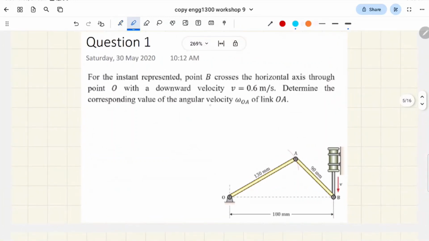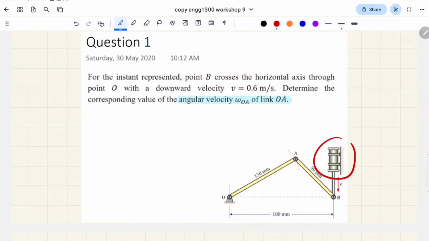It wants you to determine the angular velocity of link AO. But before we even do the question, we have to think about how the system is moving, in order to get the direction for omega OA. Is it going to be going that way, or that way?